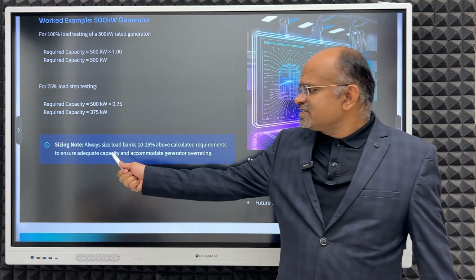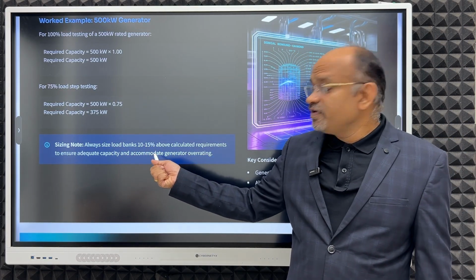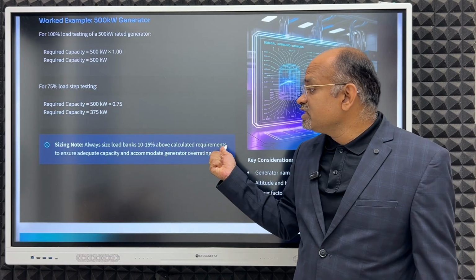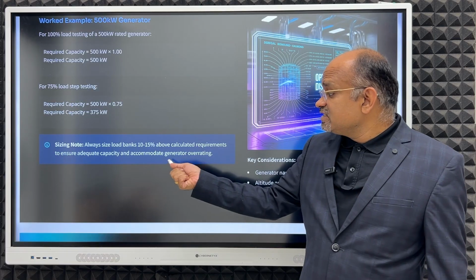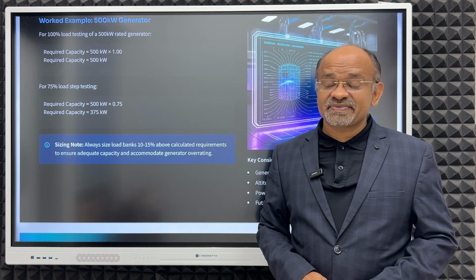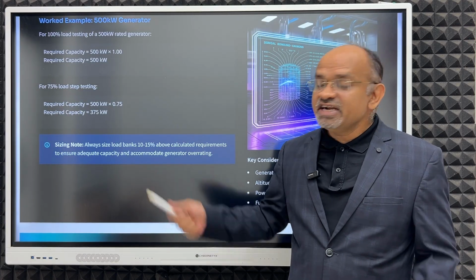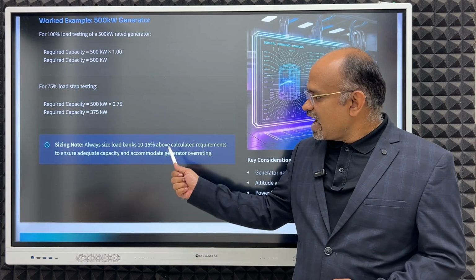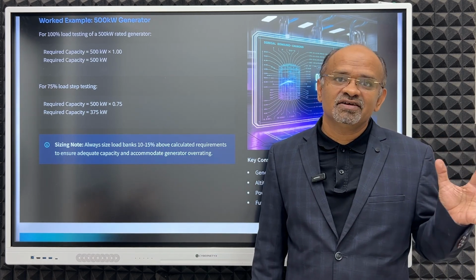Now, what is the sizing note? Always size load banks 10 to 15% above calculated requirements to ensure adequate capacity and accommodate generator overrating. Generators are overrated sometimes. So to accommodate that, you should have at least 10 to 15% more capacity in the load bank.